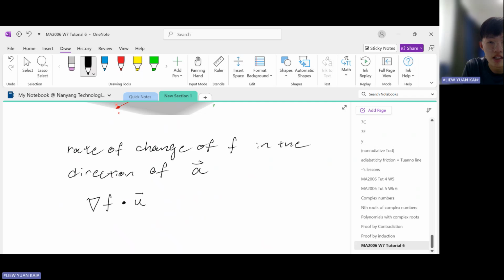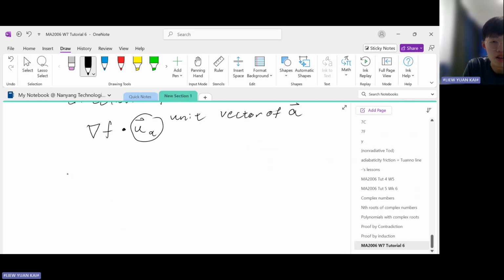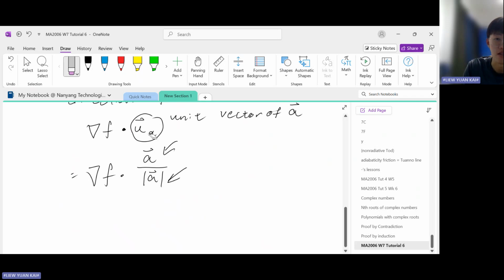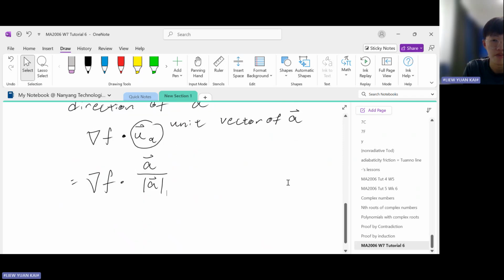So I'm going to represent it like this: the unit vector of vector a, which is given by the formula a divided by the magnitude of a. Just take the vector itself and divide it by its own magnitude. That's how you get the unit vector of a specific vector.